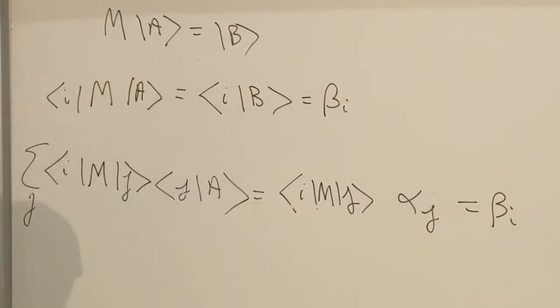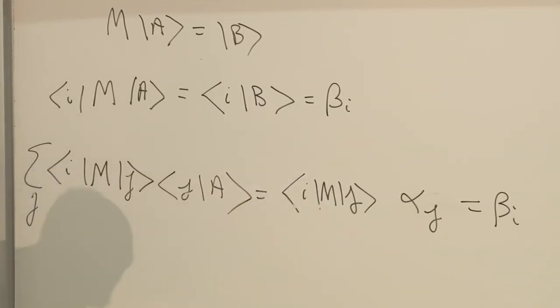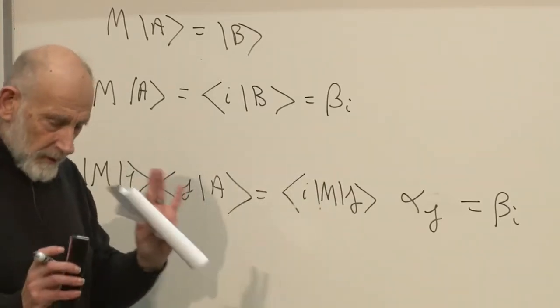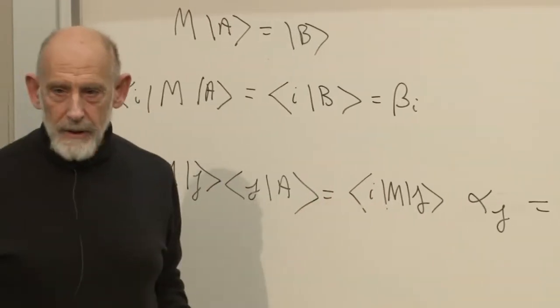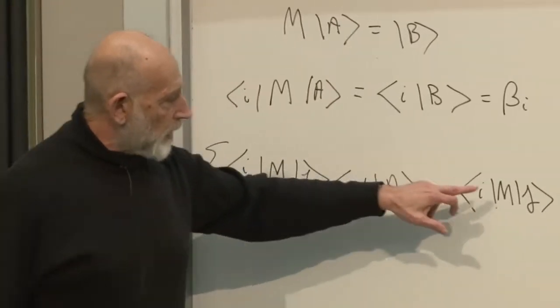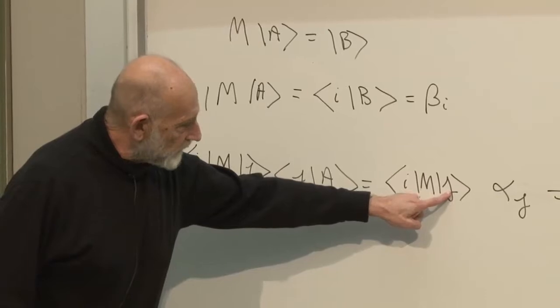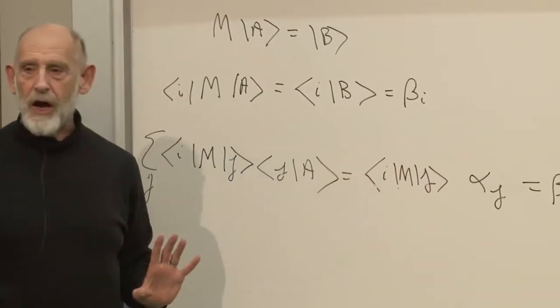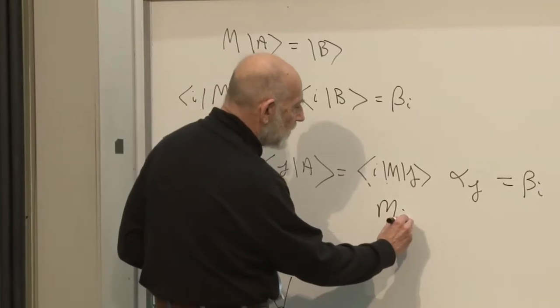So all we have to do is give this object a name. What is this object? I'll tell you again. You have some operator, it's an abstract entity. You have a collection of basis vectors. You apply the abstract operator to the vector j and take its inner product with i and call the thing M_ij. It's a number.